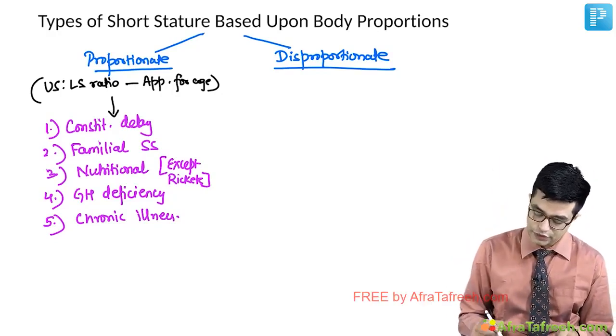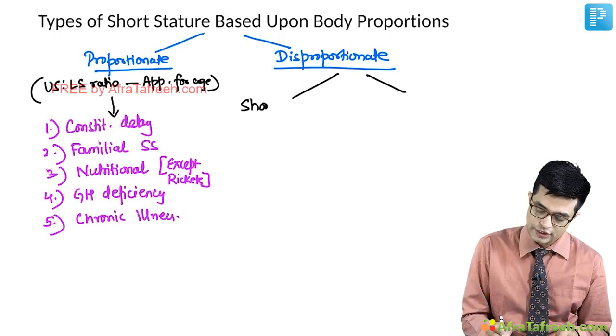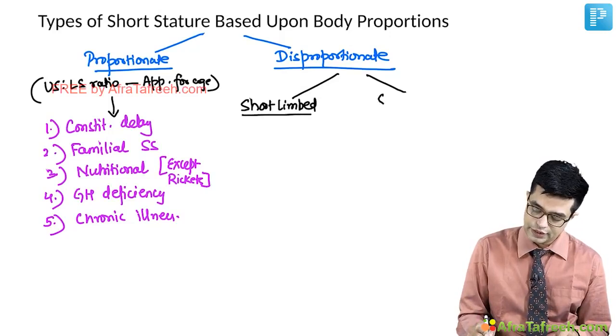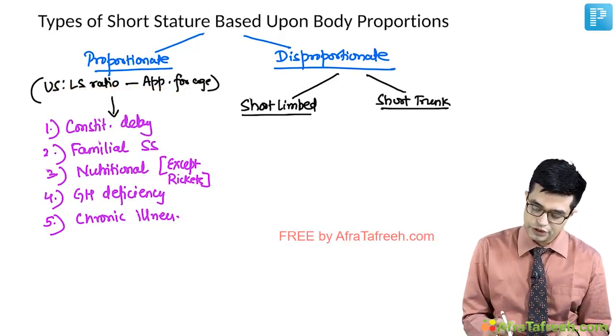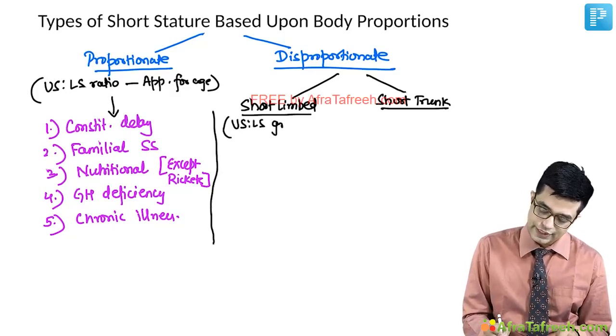Disproportionate can be of further two varieties: short limbed short stature and short trunk short stature. In short limbed short stature, remember that the upper segment to lower segment ratio will be greater than expected.